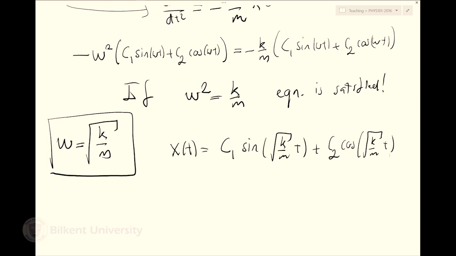And actually, I did not use one important thing in my solution. So far, I did not tell my equations where I started from, which sort of initial state I started from, right? So I need to determine c1 and c2. We need initial conditions.